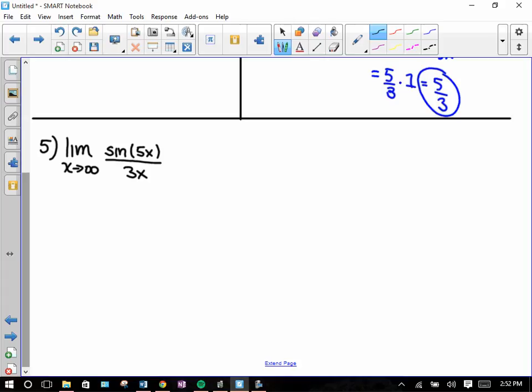So in this case, the highest degree in the numerator is 0, because it's sine of 5x, that 5x doesn't count. The degree in the top is 0, the degree in the denominator is 1. So since the degree in the numerator is less than the degree in the denominator, our horizontal asymptote is at y equals 0, which tells us that our limit is 0.